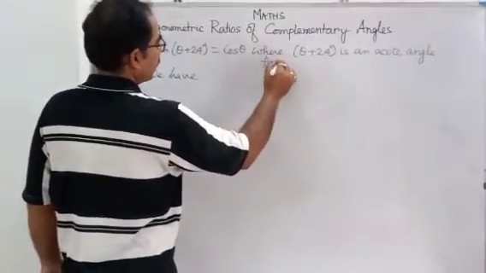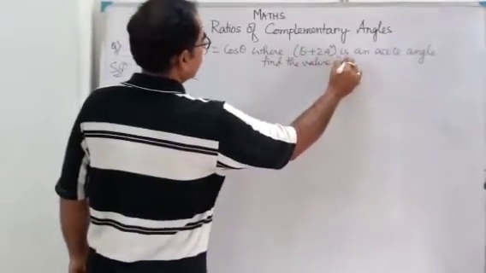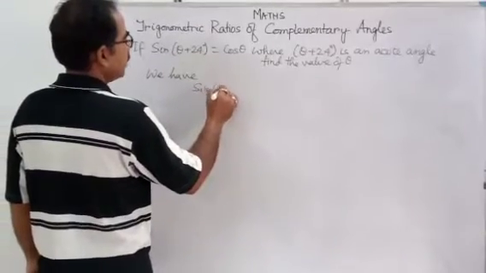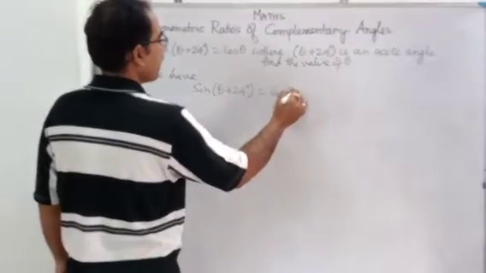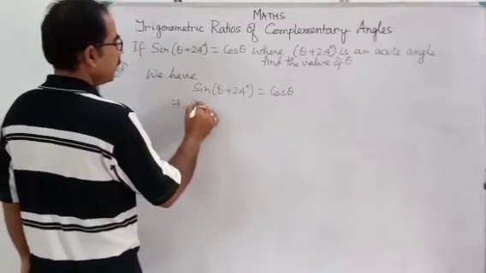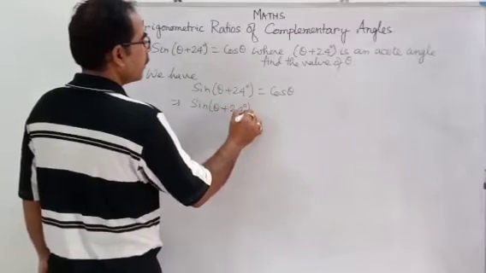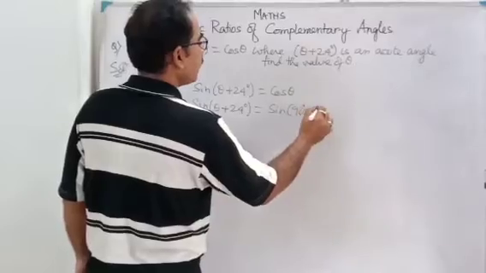Find the value of theta. So we have sin theta plus 24 degree equal to cos theta. So sin theta plus 24 degree equal to sin 90 minus theta degree.